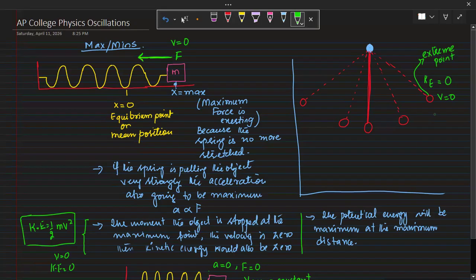So ultimately, your potential energy will be maximum. Clear? And the force exerted by the string is going to be constant, right? Clear? Yes, sir.